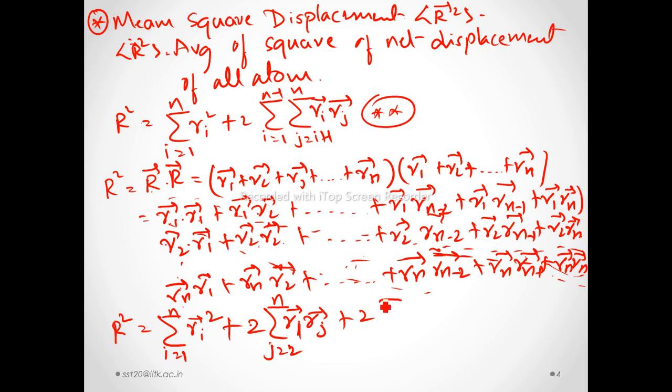Two into summation of j equal to 3 to n, R2 into Rj.